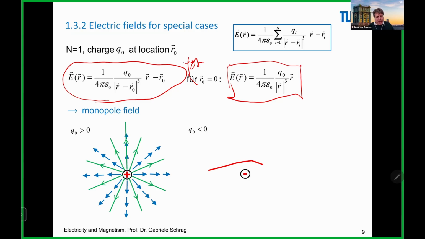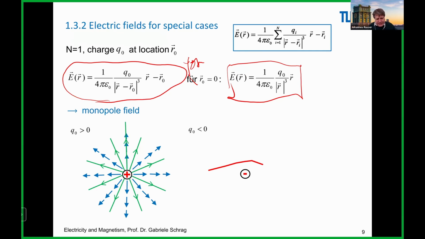At every point they follow the tangent of the force field vector, but as you can see, they all run straight radially out. So these field lines run radially out, and the magnitude of the vector is captured in how close these field lines run together.